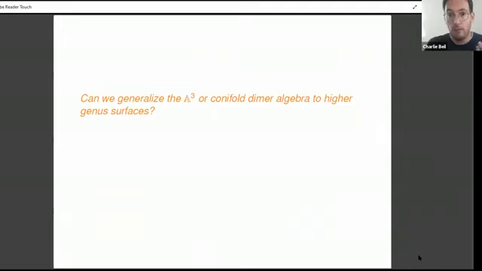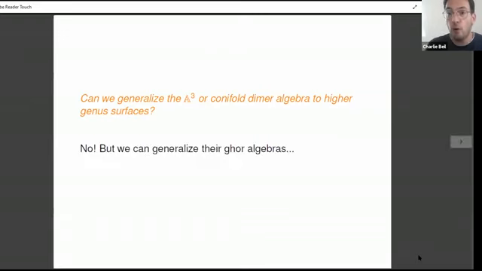And the answer is no, not if it's a dimer algebra. Dimer algebras are just for flat surfaces, basically: the torus, or the disk, annulus, things like this. But for higher genus surfaces, you lose everything. Your center becomes just the unit, the central element, which is the sum of the unit cycles.